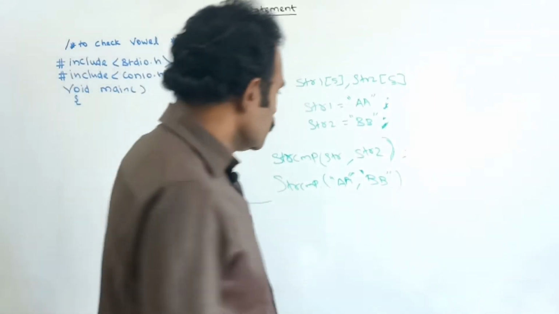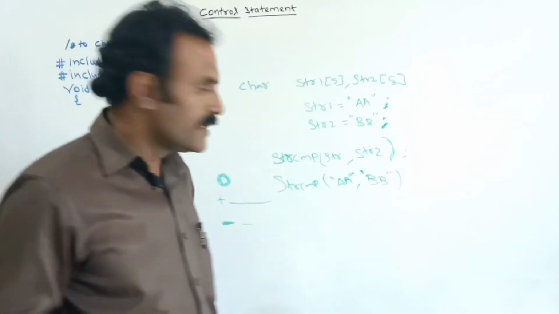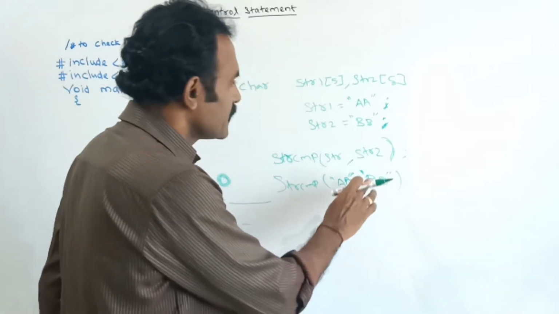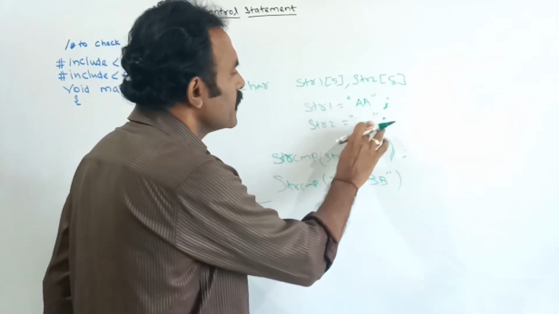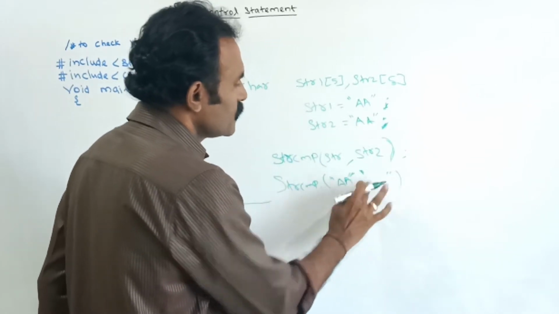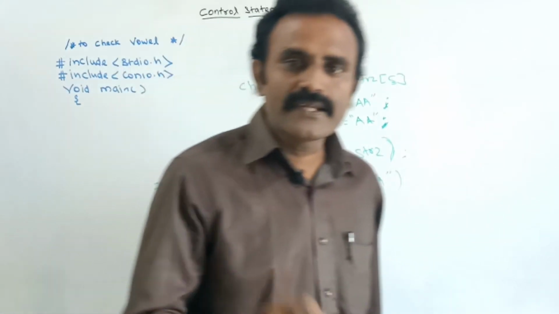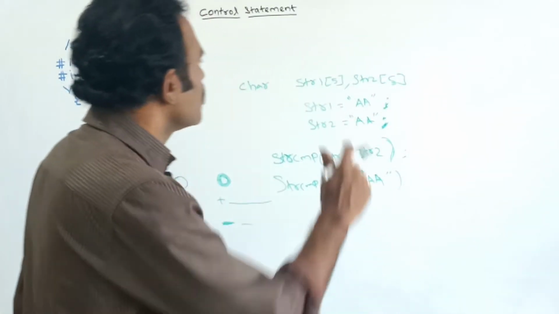So here, for your understanding, first let us take these two values as A and A. Each and every alphabetic letter has an ASCII value.